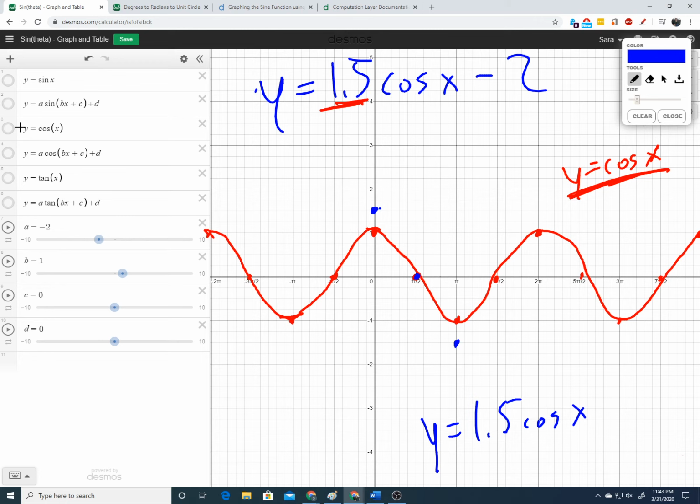If I try to graph something that has both the new amplitude and the new horizontal shift at the same time, it can be overwhelming very quickly. This is where I probably shouldn't have color-coded to blue yet. That's okay. I will change the color of my original function.